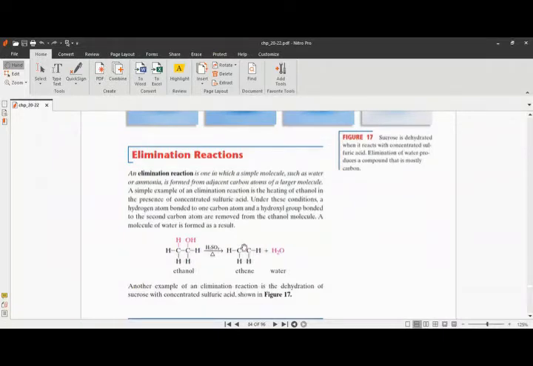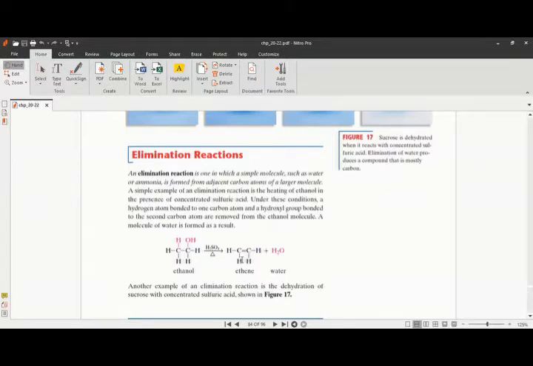In one you add hydrogen, in the other you remove something, for example water, from the compound. So you eliminate the water from the molecule. That's why it's called an elimination reaction. Maybe you eliminate something other than water, for example ammonia, NH3, and so on.